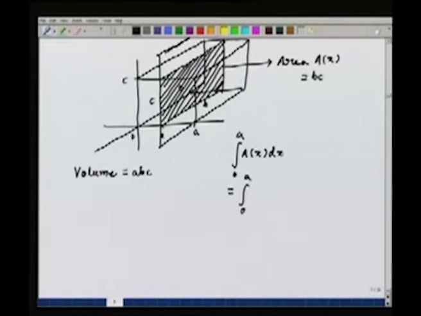What do I get? Since Ax is constant, it is the integration from 0 to a of BC dx. But BC is a constant, so it comes out of the integral. So it is BC times the integration from 0 to a of dx. But that, by our formula of integrations, which you all know, is ABC. See, what I got back is the total volume.